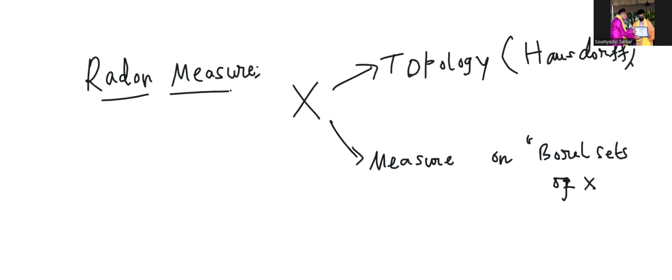I have to explain what these Borel sets are. Since you have a topology on X, you have a notion of open set, right? You have defined what an open set in X is. Basically, the members of the subcollection that you have chosen to define a topology on X are called open sets.